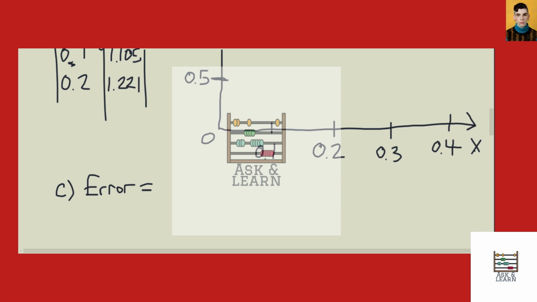Error is equal to the exact value minus the approximate value from our Euler approximation. So this error can be positive or negative, and the sign will tell us about whether we are over or underestimating the value of the solution.